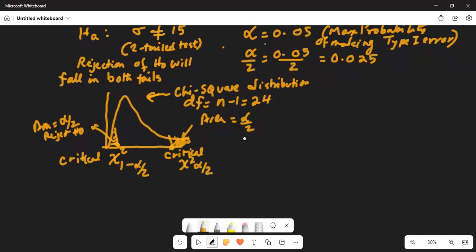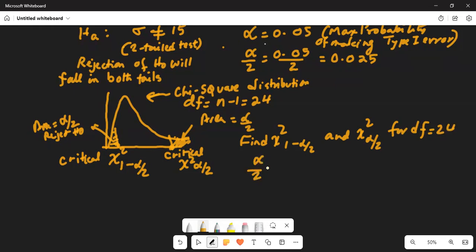So my goal is to find chi-square 1 minus alpha by 2 and chi-square alpha by 2 for degrees of freedom 24. Now, alpha by 2 is 0.025, so 1 minus alpha by 2 is 1 minus 0.025, which is 0.975.